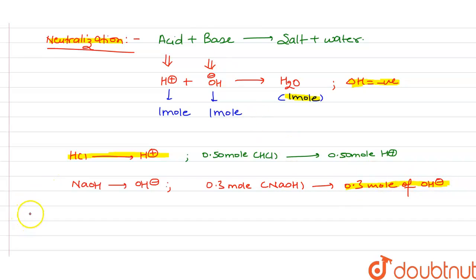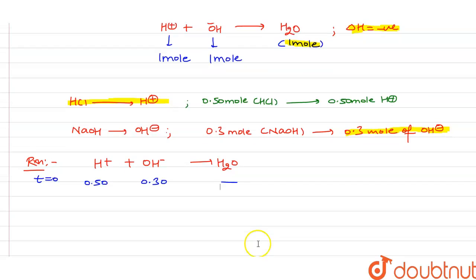So if we write the standard reaction of neutralization, then H plus reacts with OH minus gives water, and in this case initially we are having H plus as 0.50 mole and we are having OH minus as 0.30 mole, and initially we are not having any water.